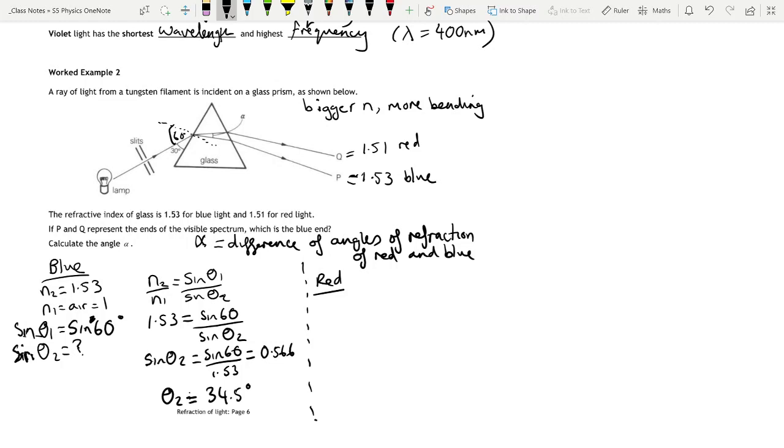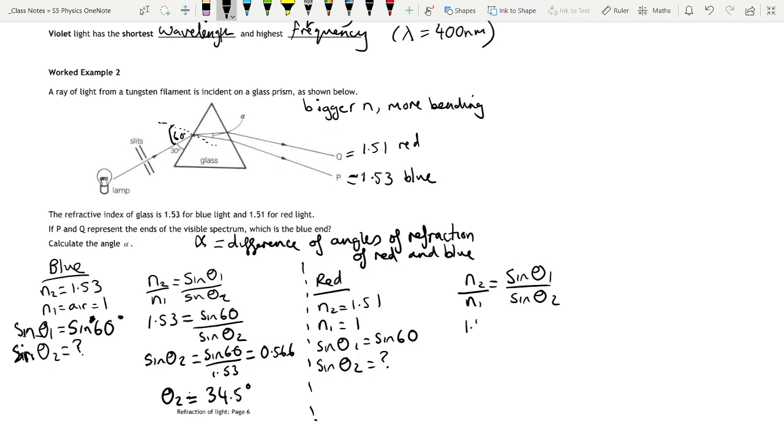Right, now we need to find the same for red. So N2 for red is 1.51, N1 is again for air 1. Sine theta 1 is again sine 60 because it's the same, and sine theta 2 is what we want to find out. So we're just doing exactly the same thing, just with slightly different numbers. So 1.51 divided by 1 is 1.51, equals sine 60 divided by sine theta 2.